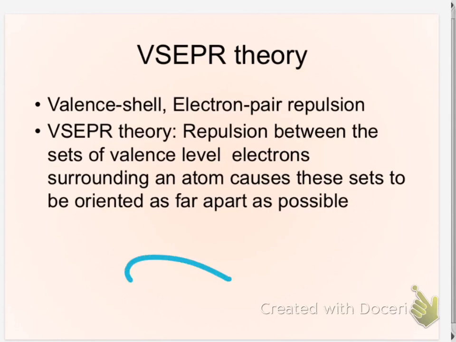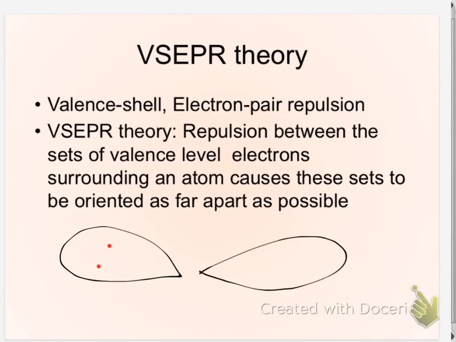If I've got a little balloon here, with 2 electrons in it, and I have a little balloon here with 2 electrons in it, those 2 little balloons want to be as far apart from one another as possible. They are repelled by one another. There is a strong force of repulsion between them because they have like charges.